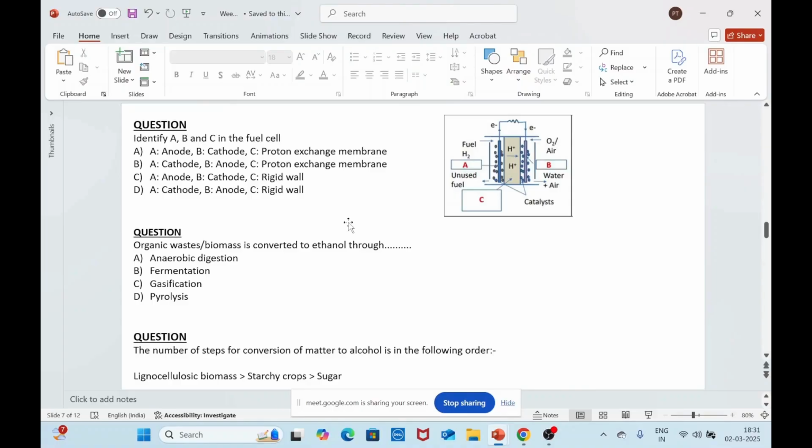Then yeah, let's come to this question. So you have A, B, and C. You are supposed to identify what is A, B, and C. I think with the discussion we had on fuel cell, I hope now everybody will be able to identify. No, no, no. The question above that. Identify A, B, and C in the fuel cell.